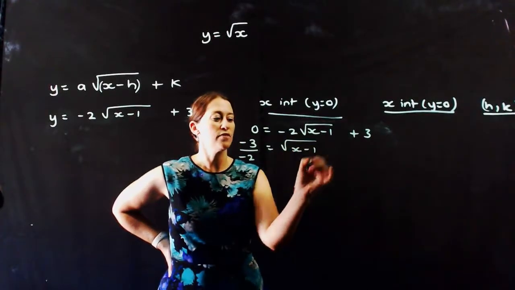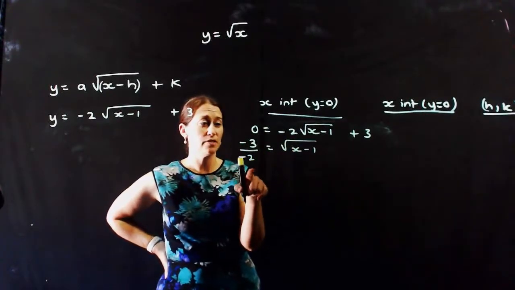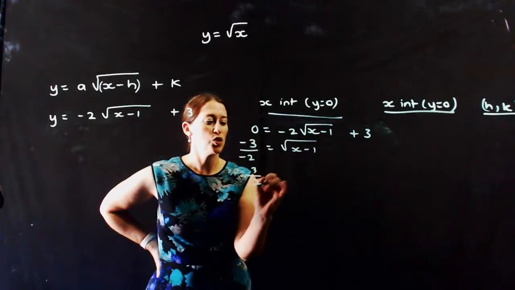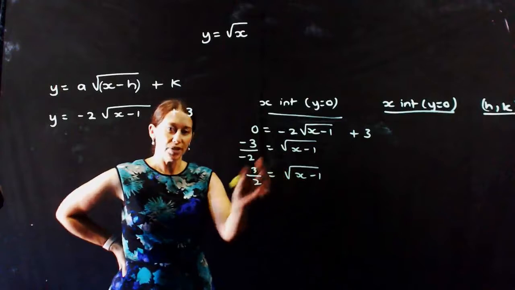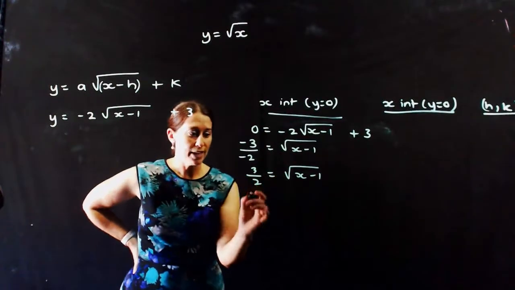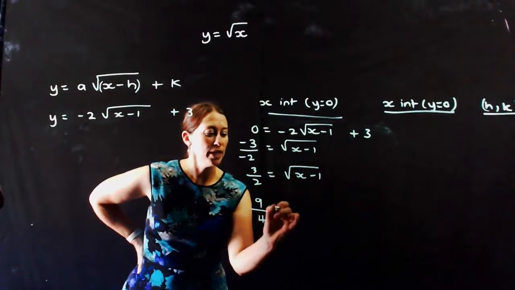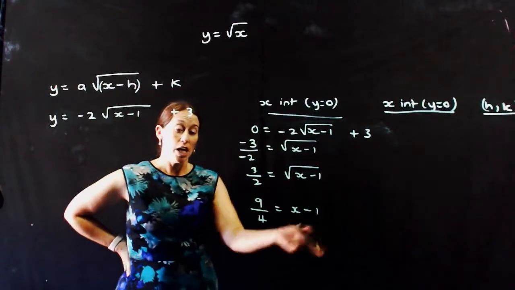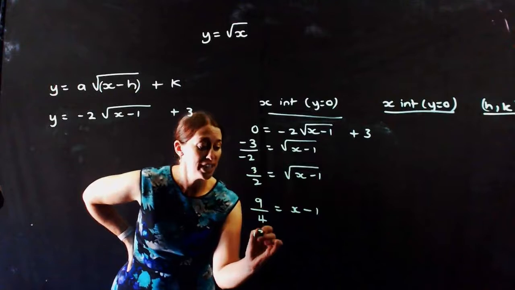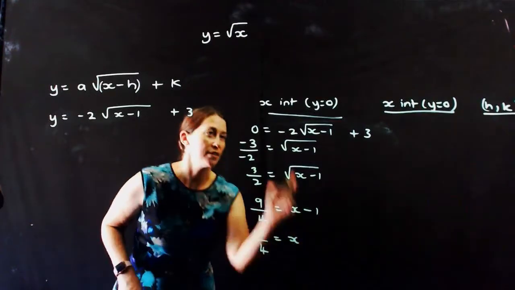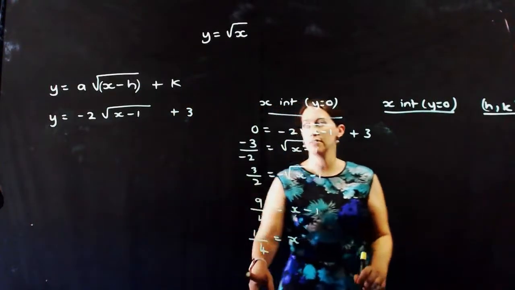That leaves the square root of x minus 1, and the negative becomes positive anyway, so 3 upon 2 equals the square root of x minus 1. Let's get rid of the square root by squaring: 9 over 4 equals x minus 1. Then add the 1 over to give 13 over 4 equals x. So our x-intercept is 13 over 4.